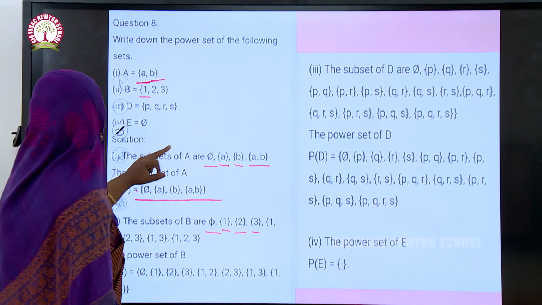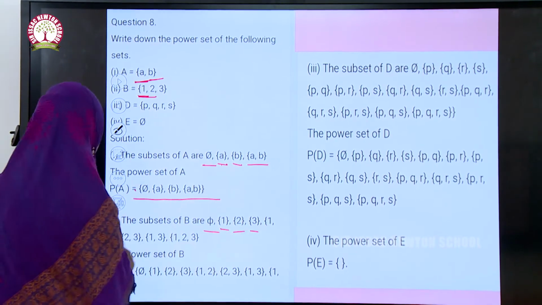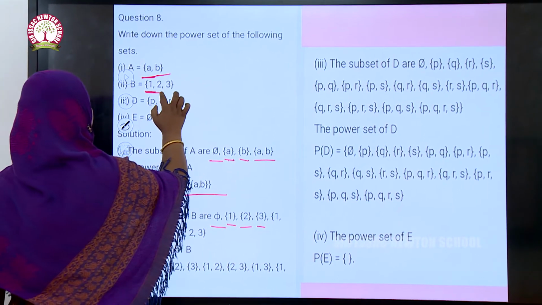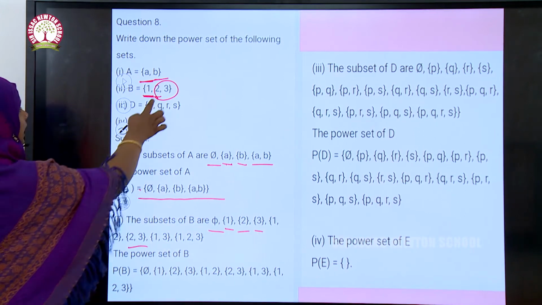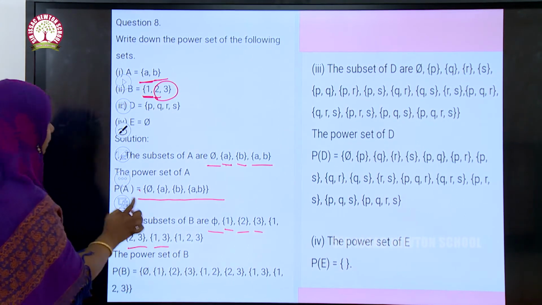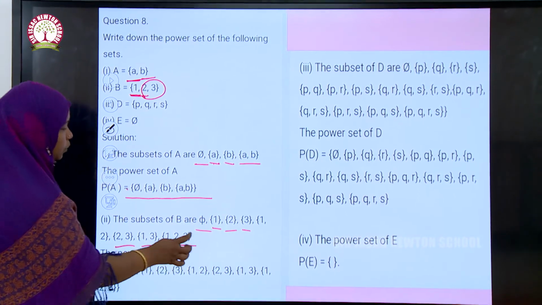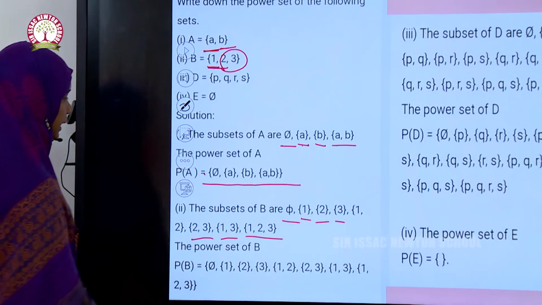And then what are the other possibilities? We can write the sets with 2 elements, that is 1, 2, and then 2, 3, and 3, 1, and then with all the elements, 1, 2 and 3. So these are the possible subsets of set B.